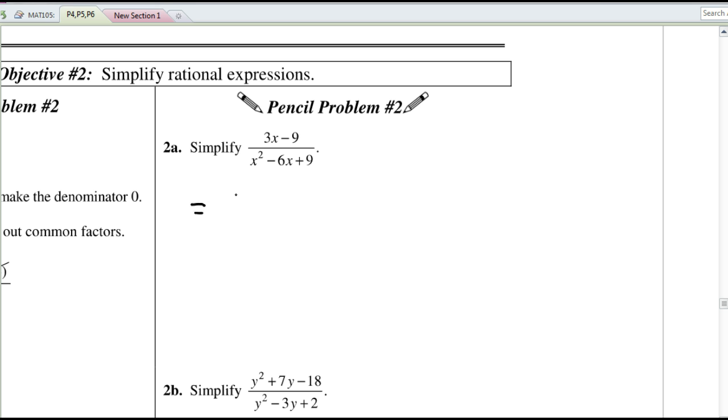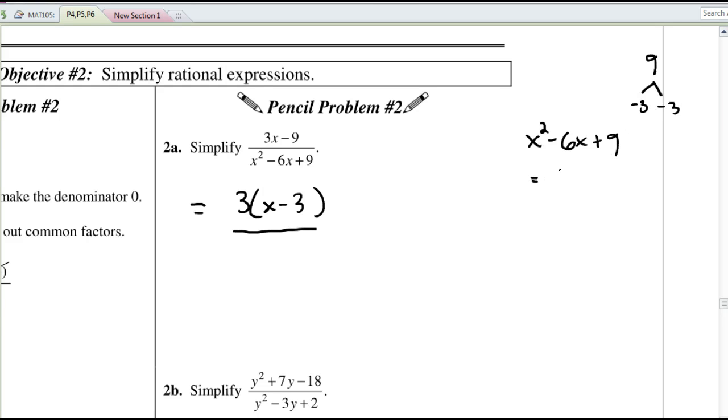The top we can factor as 3, x minus 3, and the denominator is one of those ones where we have x squared minus 6x plus 9. We look at 1 times 9, that gives us 9. We split the bottom up into negative 3 and negative 3. And then when you factor this, I'm not going to go through all the steps, but it'll be x minus 3 times x minus 3.